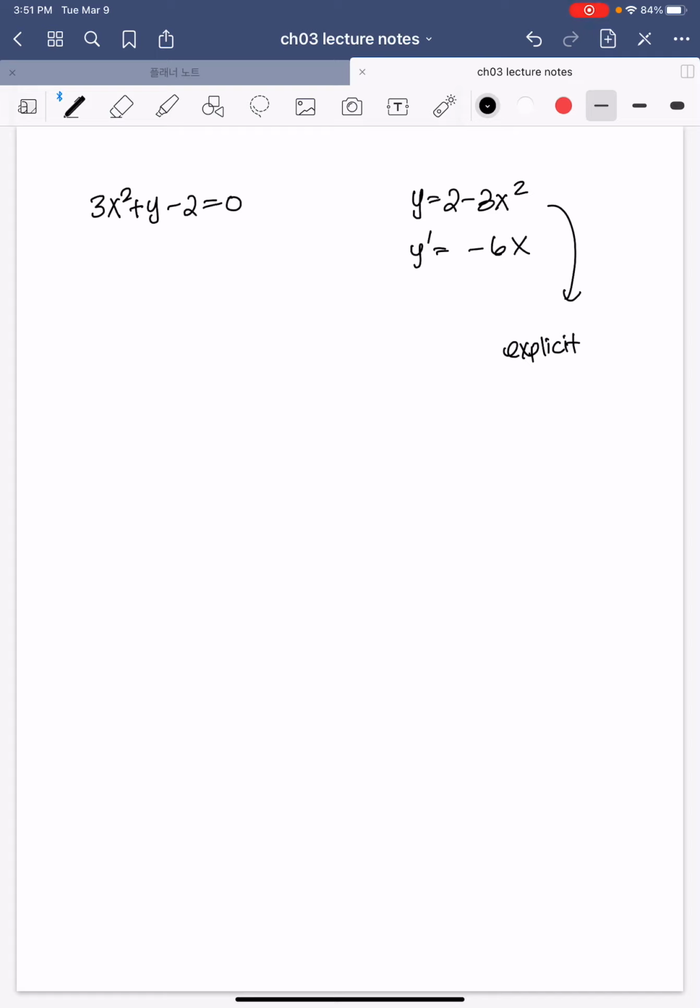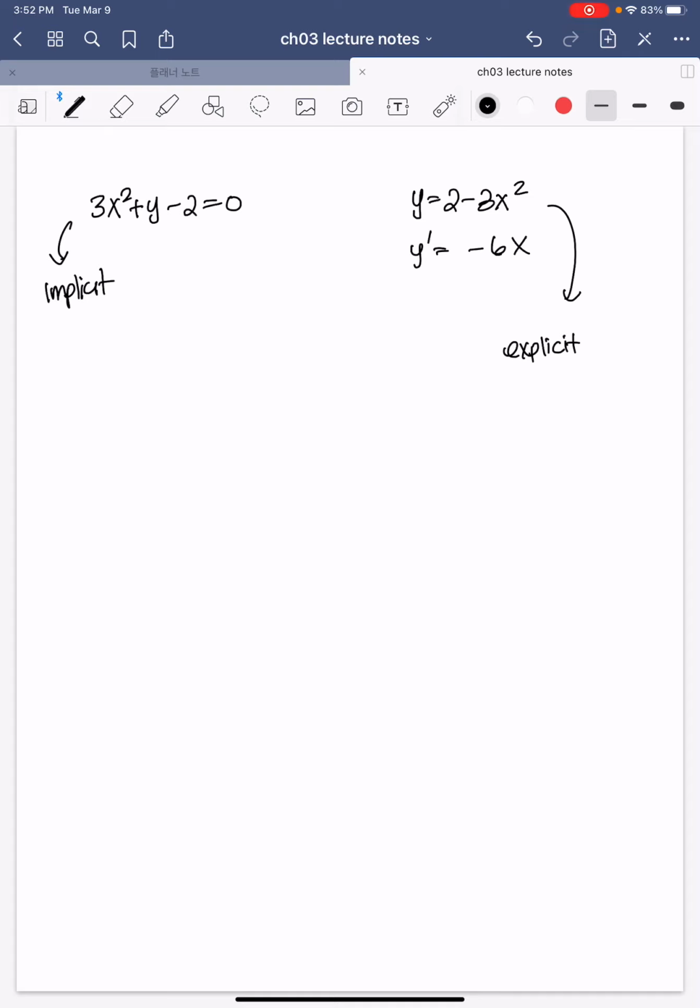Because we have y written as a function of x, this enables us to determine y for each value of x, and then we were able to take the derivative. Now this equation here has both x and y involved. This is implicitly written. This equation can be rearranged and solved for y.